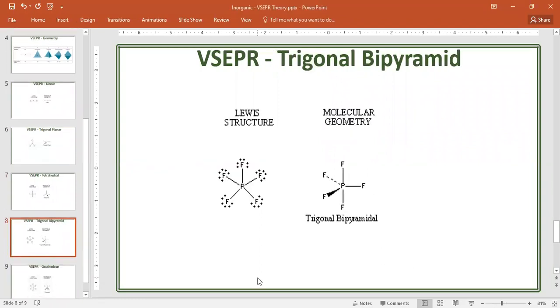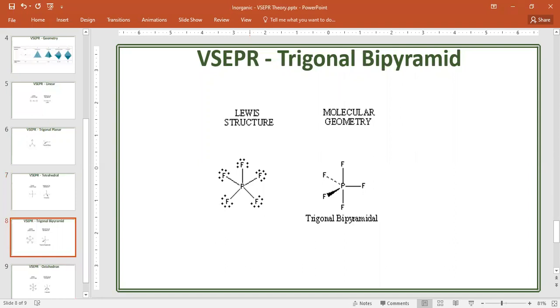Next, trigonal bipyramid. Repulsion between the 5 pairs of valence electrons on the phosphorus atom in PF5 can be minimized by distributing these electrons toward the corners of the trigonal bipyramid. 3 of the positions in a trigonal bipyramid are labeled equatorial because they lie along the equator of the molecule.